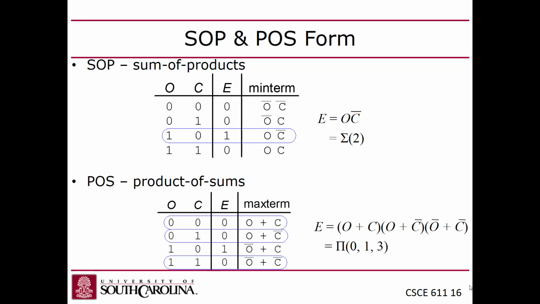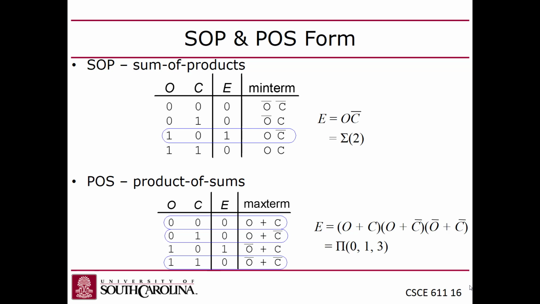But you can imagine, though, that there's a difference in the hardware requirement. If I'm trying to implement this in hardware, one of these approaches is going to require more hardware than the other. This is one gate. This one is, well, how many gates is this? You have to count the number of operators.